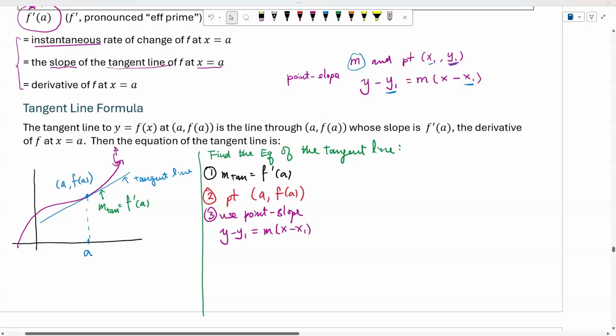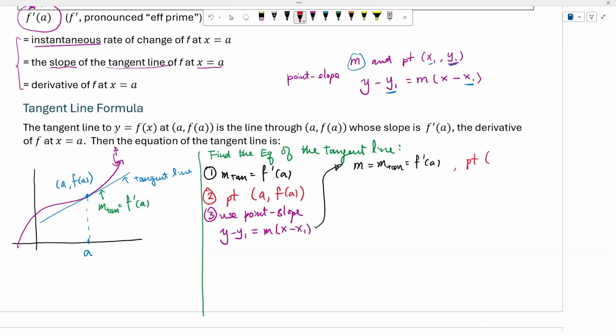And let's see how we actually work out the problem now. The slope is the slope of the tangent, which is f prime of a. The point is a, f of a, which is my x sub 1 and y sub 1 in this case.